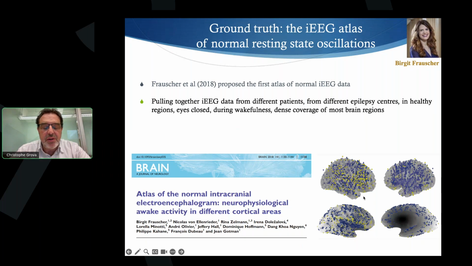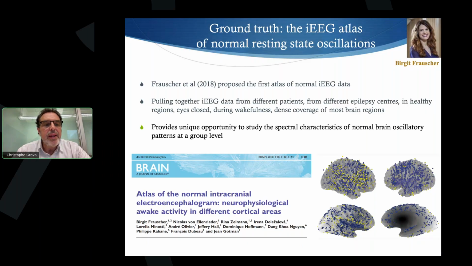They have even a better coverage now because this atlas has been extended. And this is a unique opportunity to have the spectral characteristics of non-epileptic, so I would say normal, brain oscillatory activity at the population level in the brain.